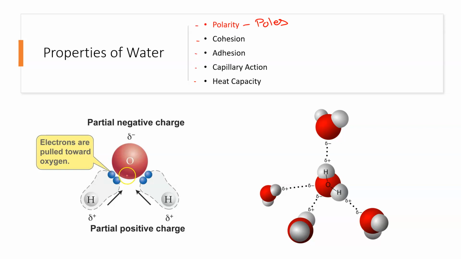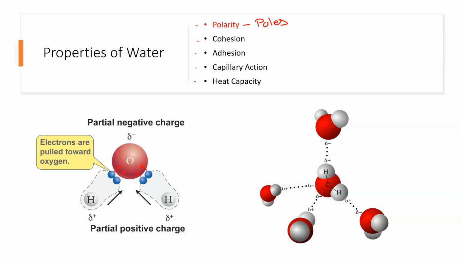When you look at a water molecule, there is a partial negative charge and a partial positive charge. The reason these partial charges exist is that the oxygen atom that makes up the bulk of a water molecule has more mass and therefore more pull on the shared electrons.